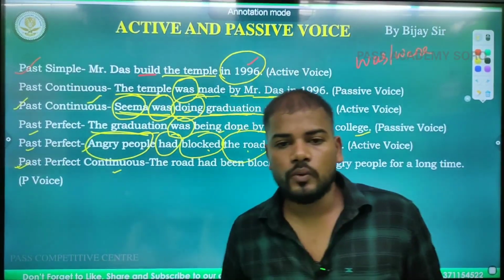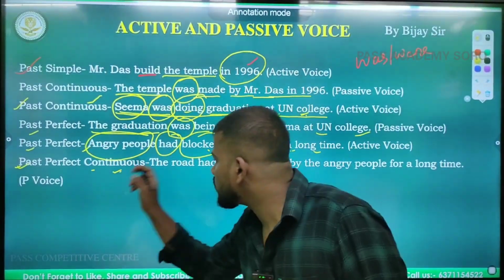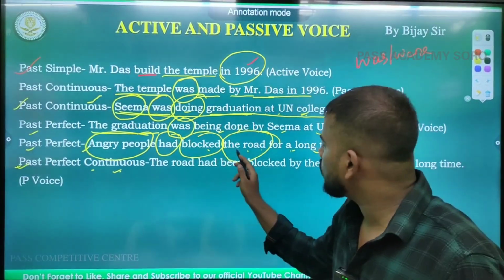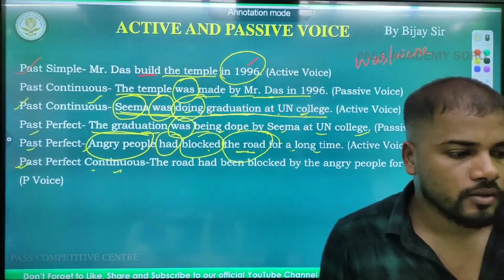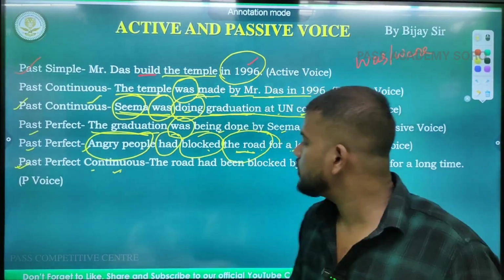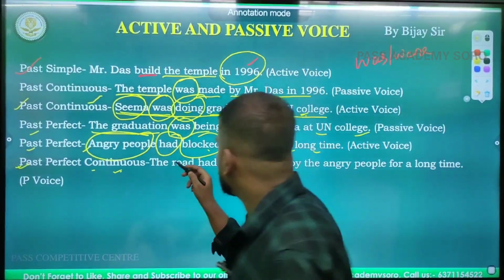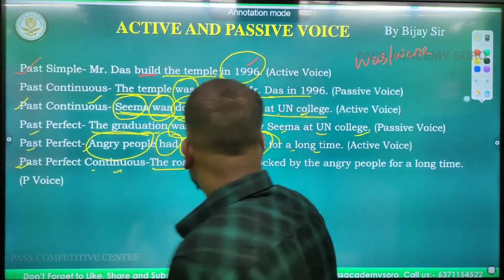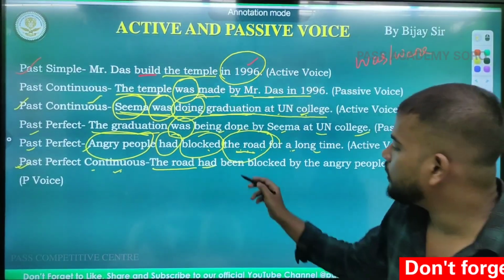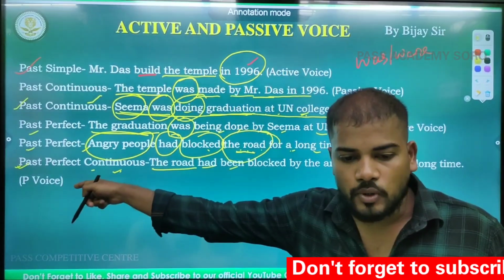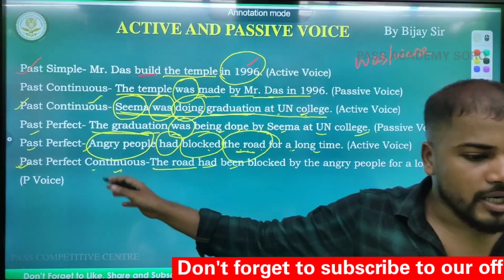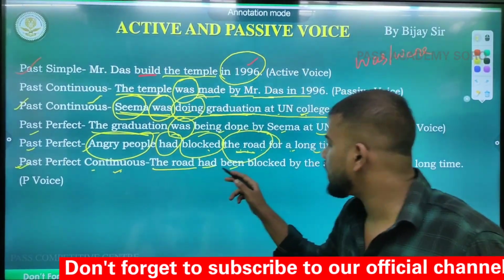If our sentence is in past perfect, we will convert it into past perfect continuous. It means the road is the object, and it became the subject. The road had, and we simply add been, because we are converting past perfect into past perfect continuous.